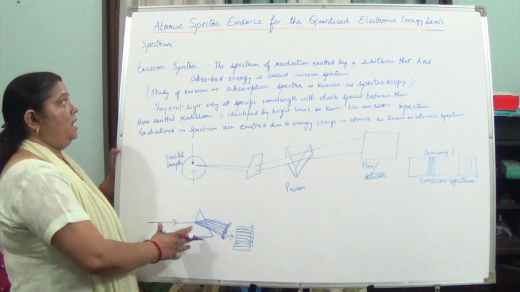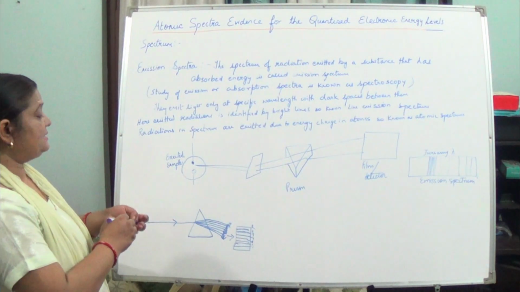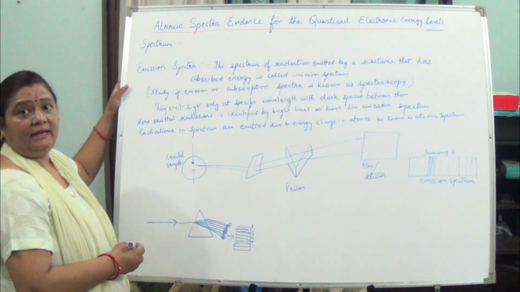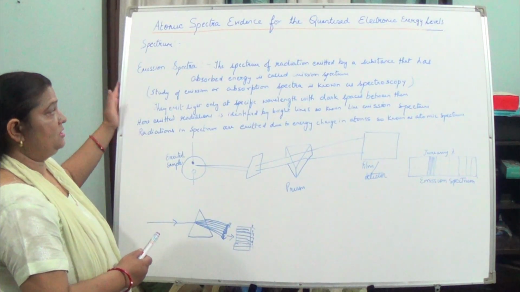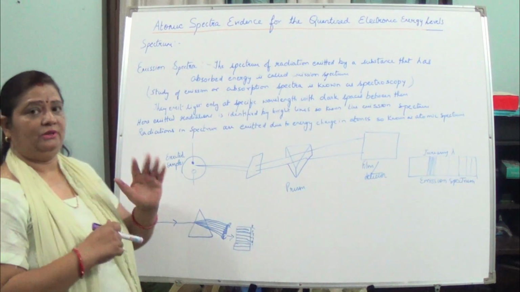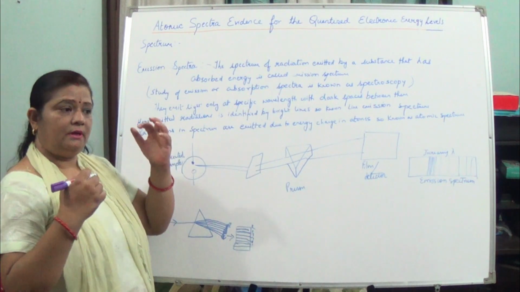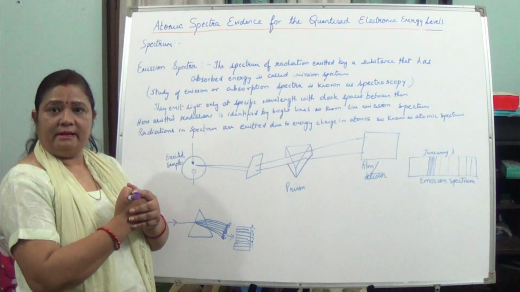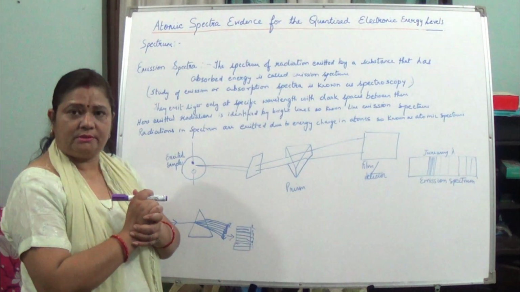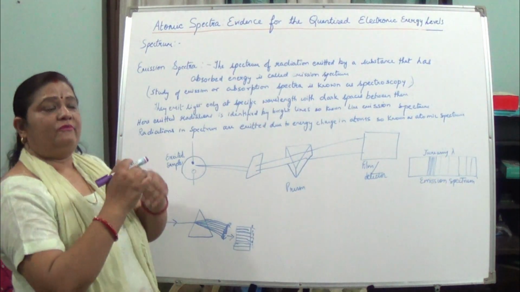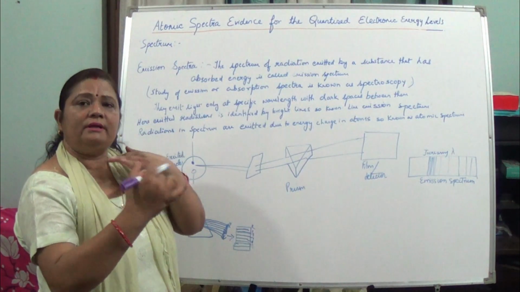Now, next we are going to study emission spectrum. So, what is emission spectrum? First, I must explain that. Suppose you have taken any element and you have provided energy to it. When energy is provided to it, what happens?